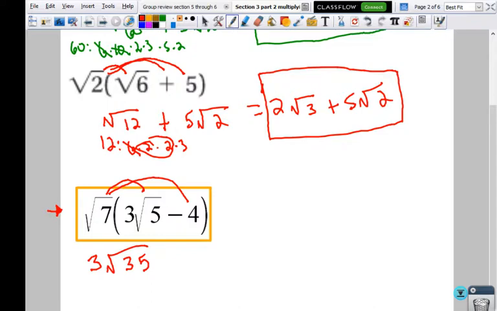Alright, so we're distributing, right? I can multiply 2 by 5, but you don't have to. On the top one, on that 5, is this 5 inside a square root?